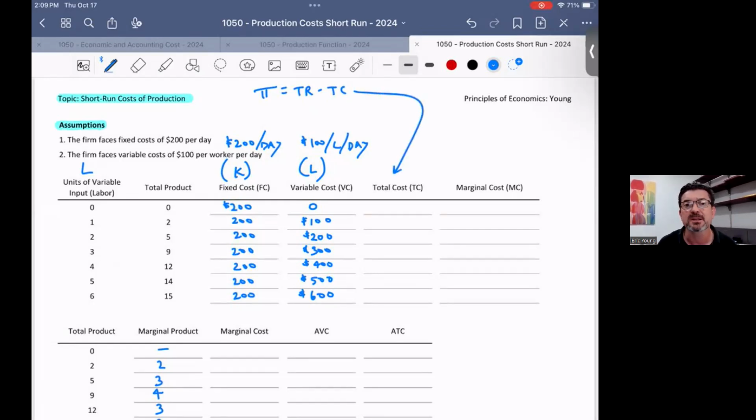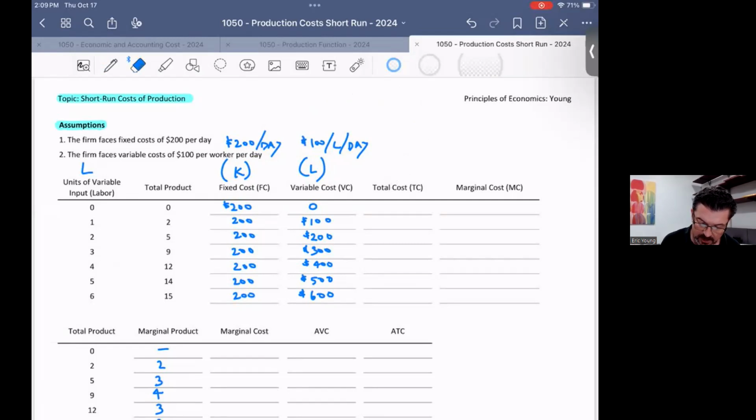And total cost is going to be equal, so let's clean this up, total cost is going to be equal to fixed costs plus variable cost. So we add them across, and we should get 200 plus 0, 200, 200 plus 100, 300, and on, and there you go.